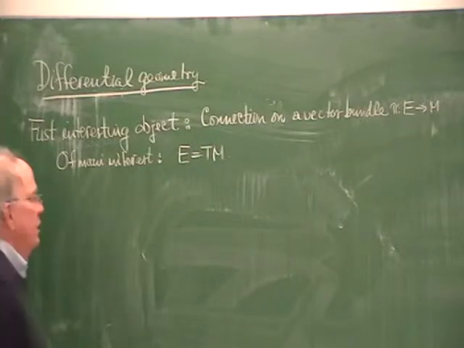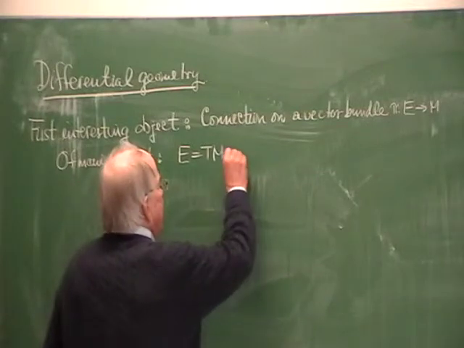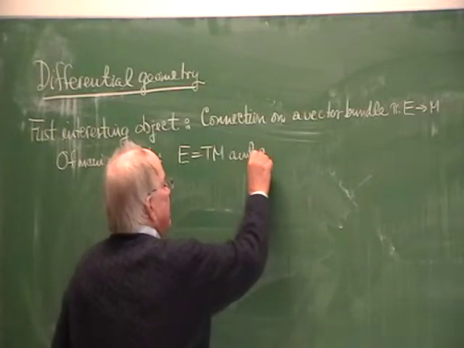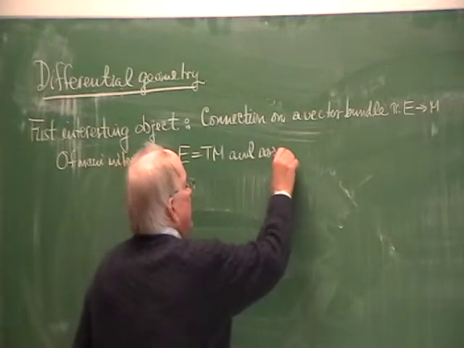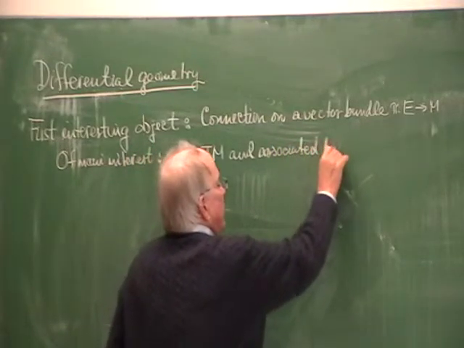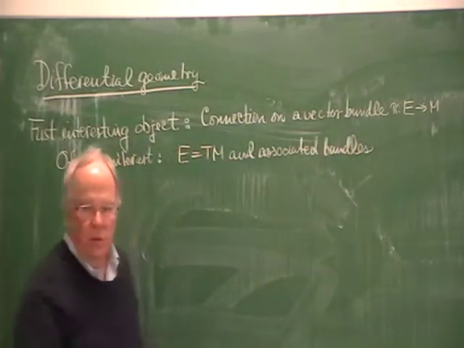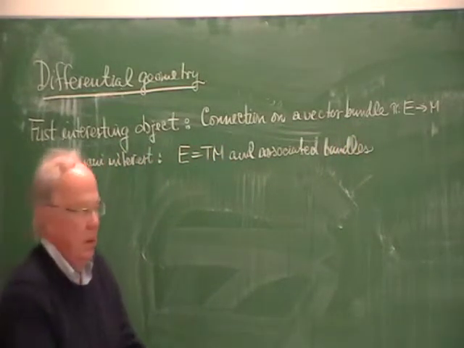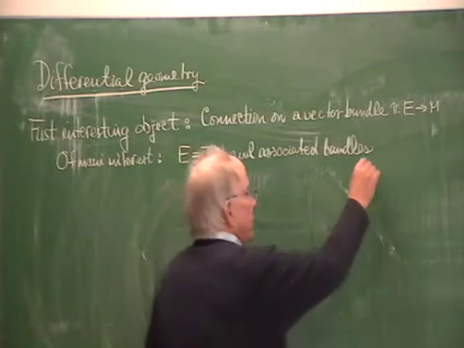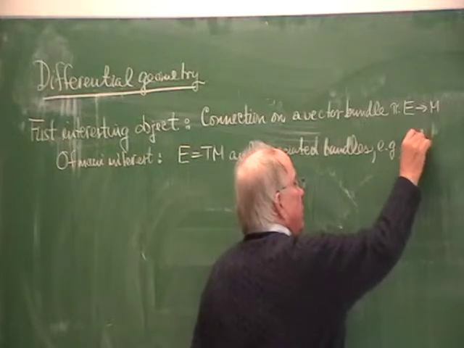And as we will see today, and associated bundles to the tangent bundle, what you physicists would call tensor bundles. But just for today, let's talk about the cotangent bundle would be important.